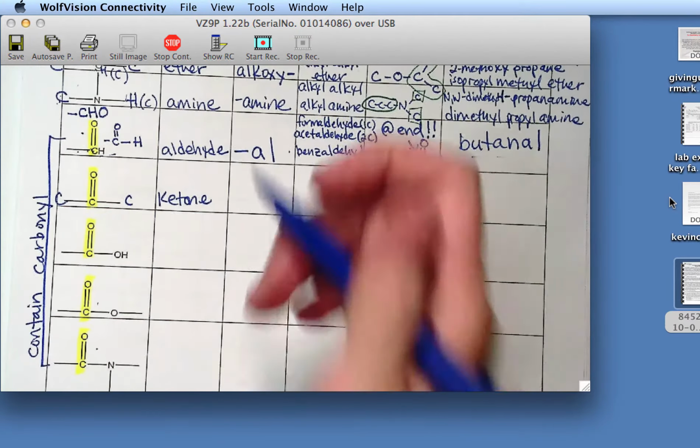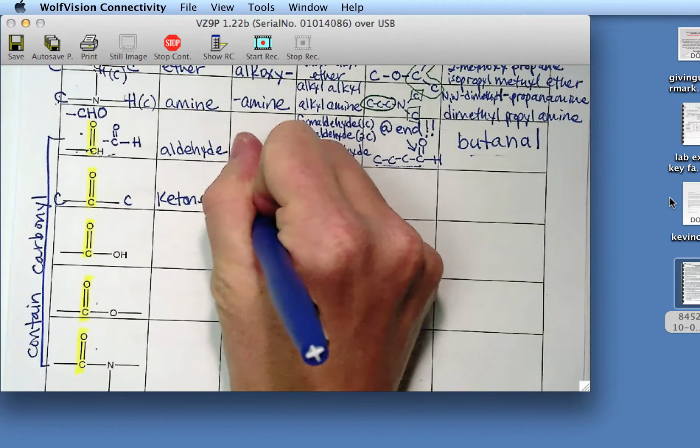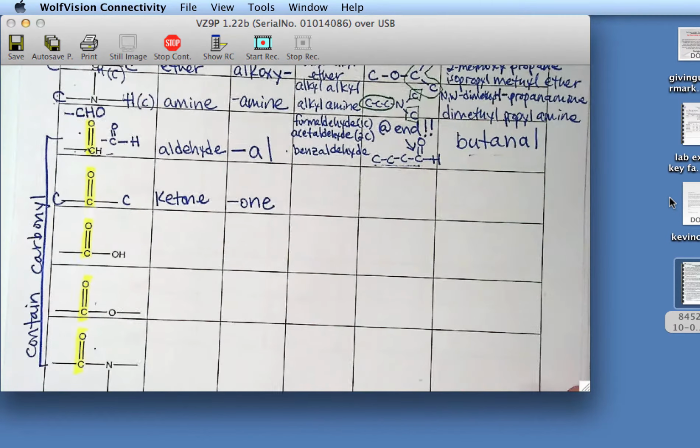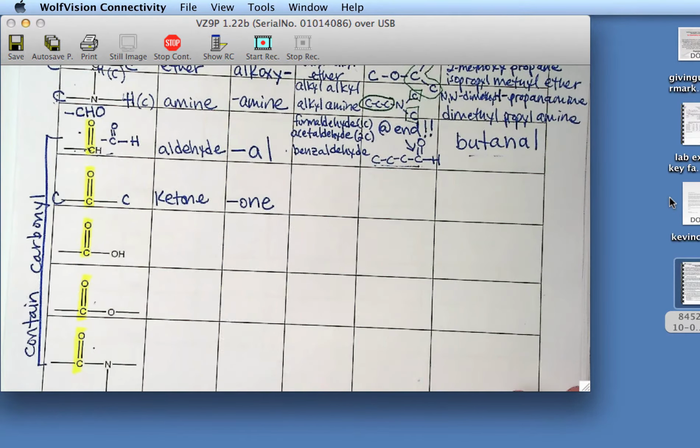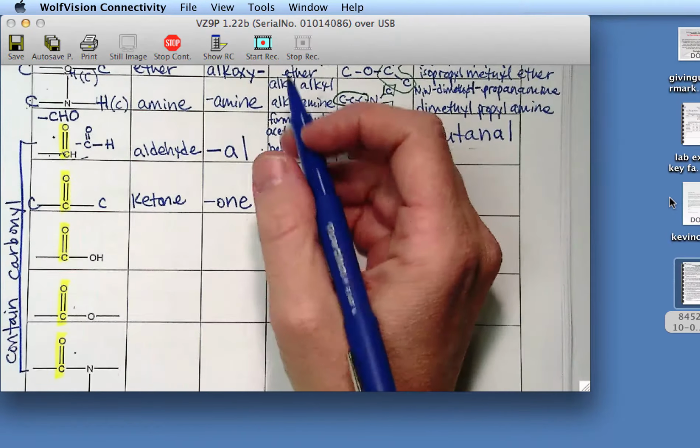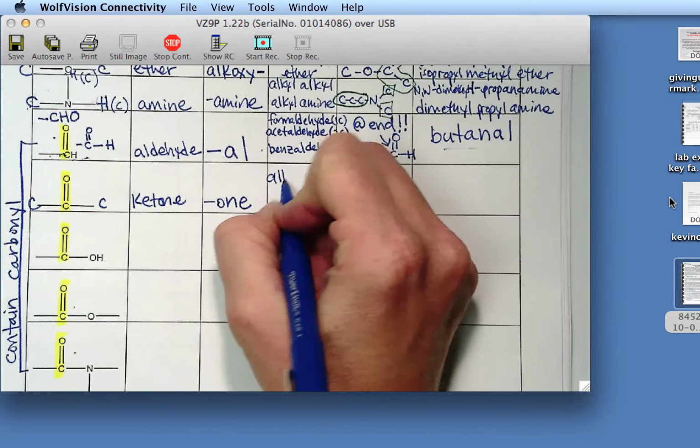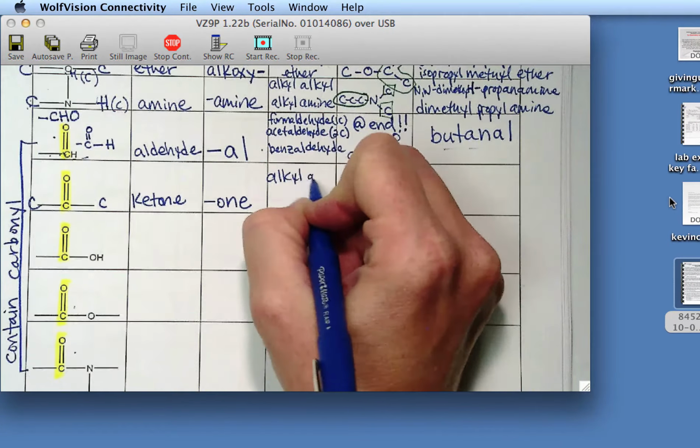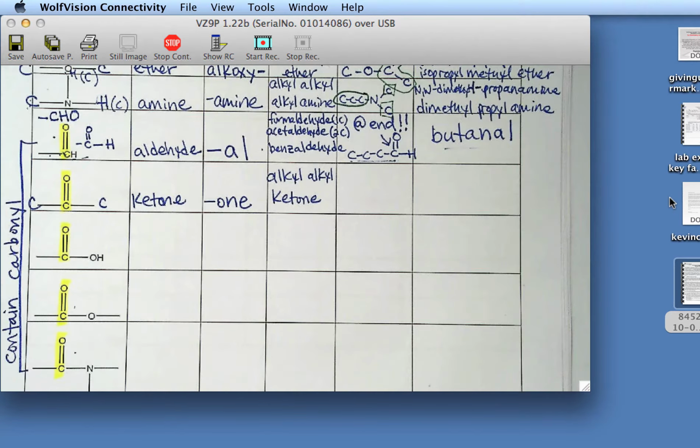Okay, the ending for ketones is the O-N-E. And common name, alkyl ketone. Let's see.